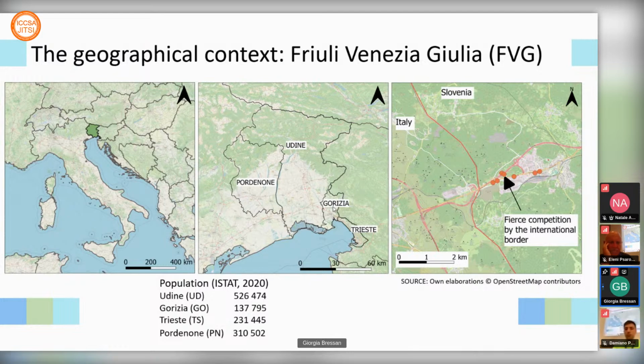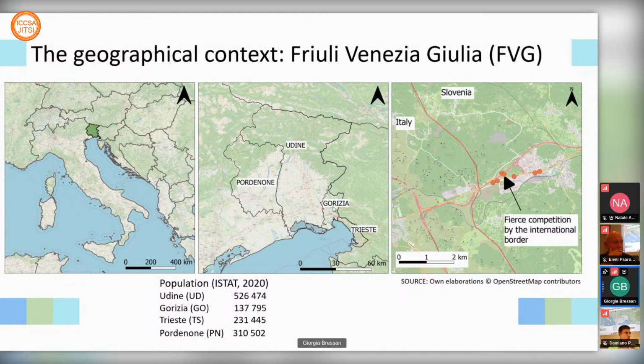Spatial differences in fuel prices are felt especially in areas surrounding land crossings, and clearly the administrative region of Friuli Venezia Giulia is such an interesting case for assessing the impact of border closure of the international terrestrial border on the fuel market.